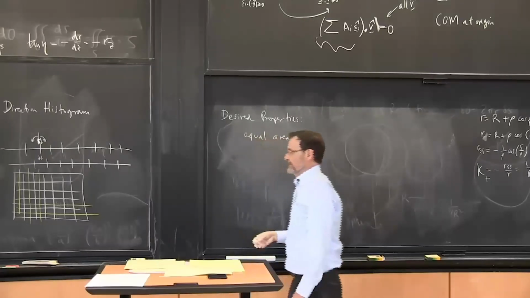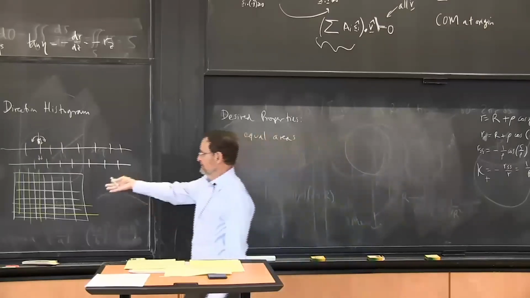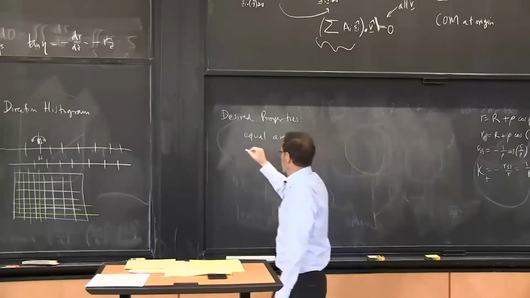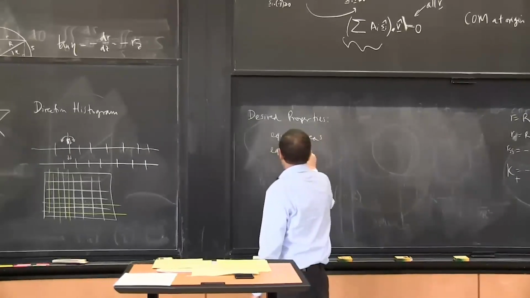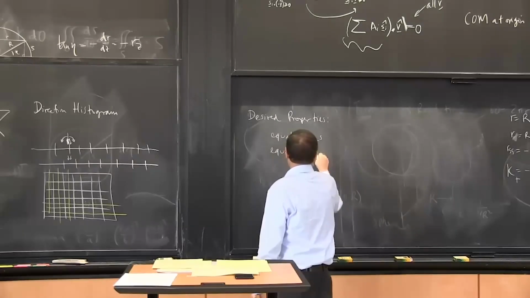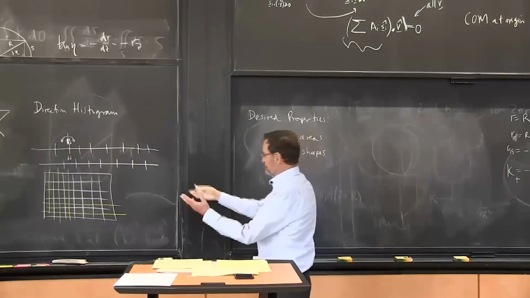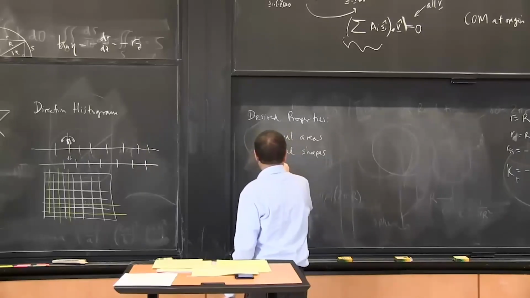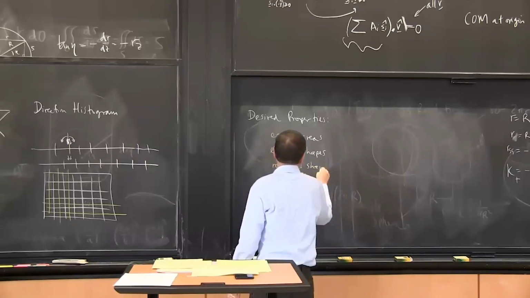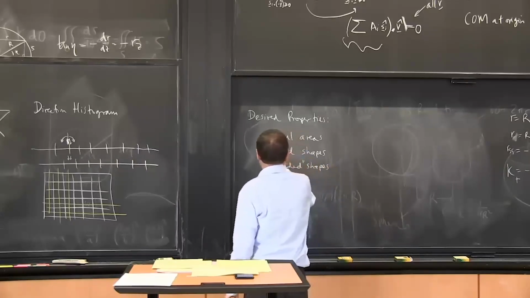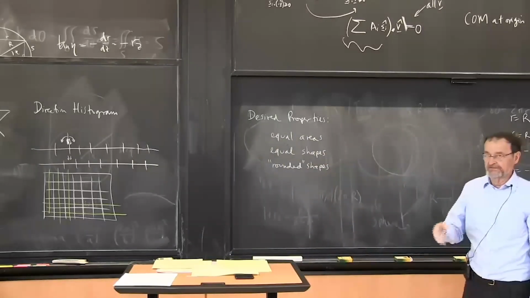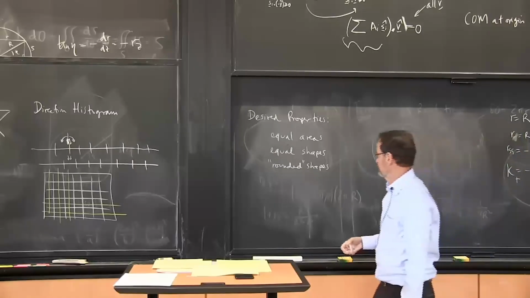We would like the cells to all have the same area. And again, here it's trivial to arrange for that. Hard to do on the sphere. Then we might want them to be equal shapes. And again, these are all the same shape, no problem. And then we might want the shapes to be rounded. That refers to the discussion we had about triangular grids and hexagonal grids.